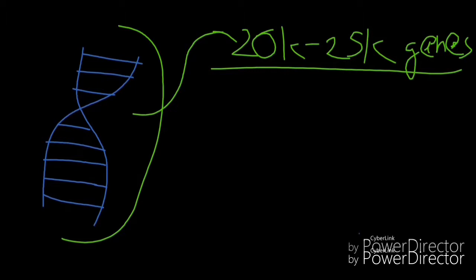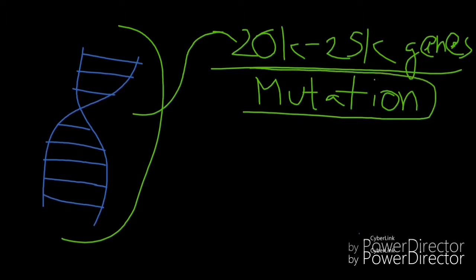And these genes are very interesting because their main work is to instruct the cell to create proteins. Sometimes there are changes in the work of genes, and changes in genes are called mutations. This is very important when you are studying genes, because mutation is the secret behind many diseases in the world.